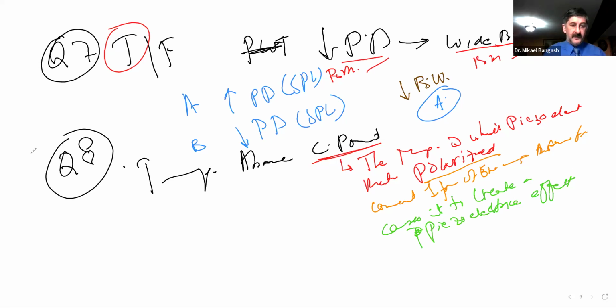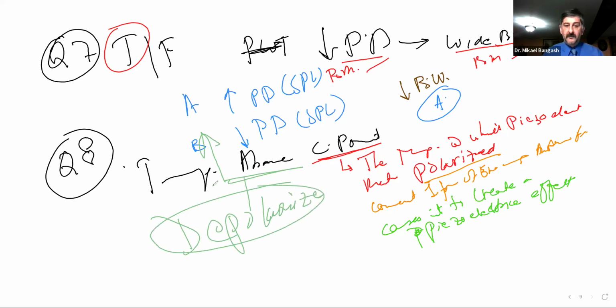What we said was that if we expose our piezoelectrical materials to temperatures greater than the Curie point, it will depolarize, which means that it will not be able to convert one form of energy into another, or will not be able to create a piezoelectrical effect.